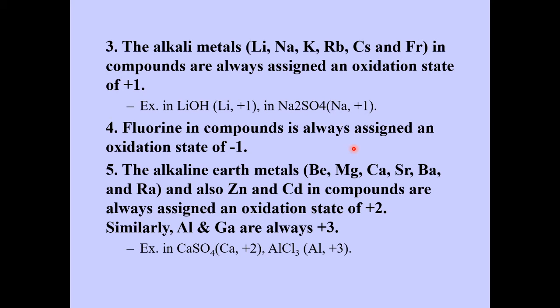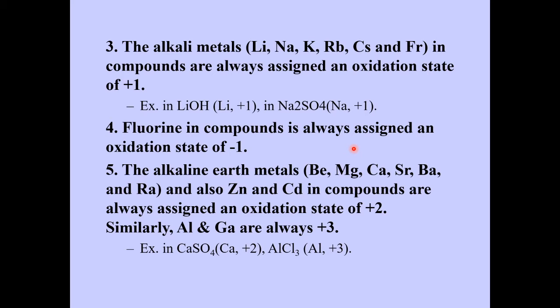Chlorine in polyatomic ions, its oxidation number can actually change. But generally speaking, if it's a halogen that's by itself, meaning not in a polyatomic ion, most likely it's going to be a -1. But fluorine is always -1. Chlorine, bromine, iodine would generally be -1s as well, but they're just not always. So we can't call that a rule for those elements.